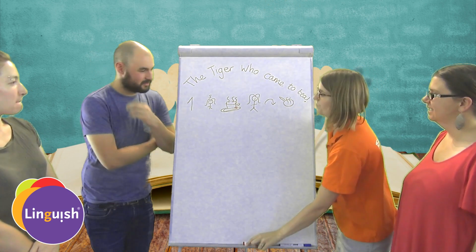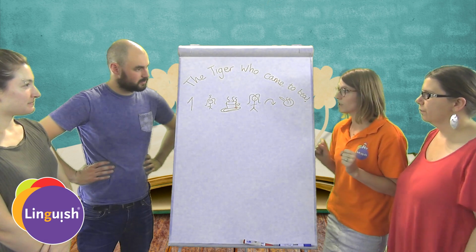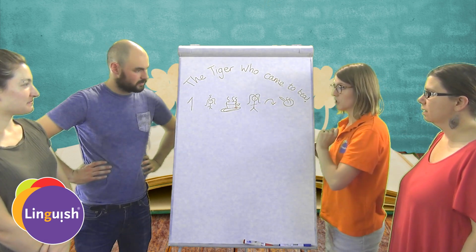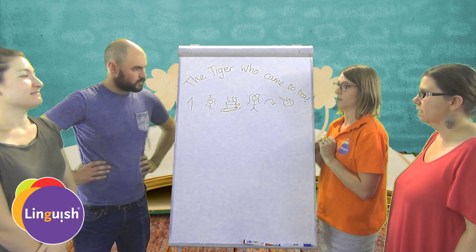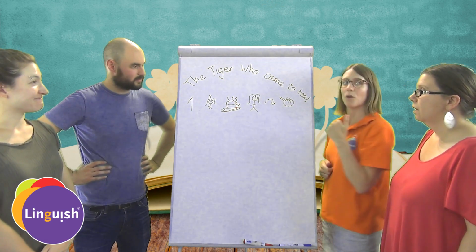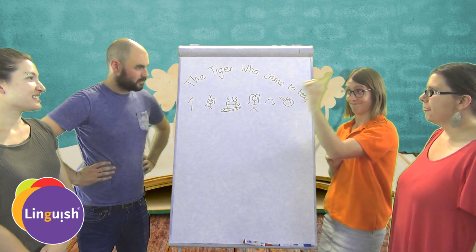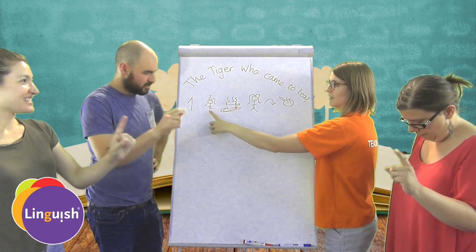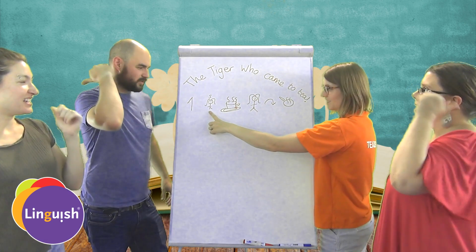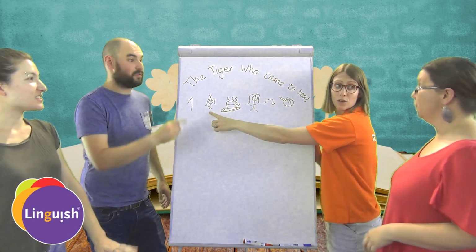So, we're going to repeat again, but this time I'm not going to say the words. I'm going to point to the picture and you're going to say the words. Okay? Are you ready? Let's go. Once there was a little girl called Sophie.